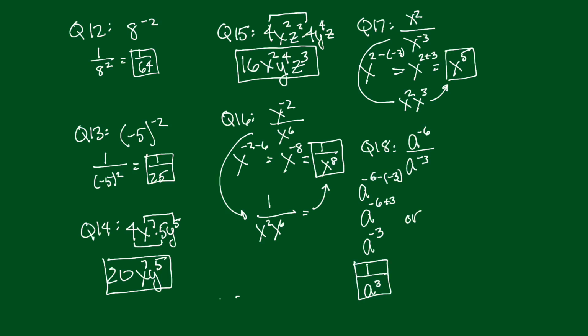Or, I could do this. Eliminate the negative exponents right from the beginning, right? So if I eliminate the negative exponents, remember I can change the sign of an exponent if I change the position of the base. So that a is going to come down. Right, so what I'm going to do is I'm going to bring this a down and that one up. So that will look like this now. It will be a to the 3rd over a to the 6th.